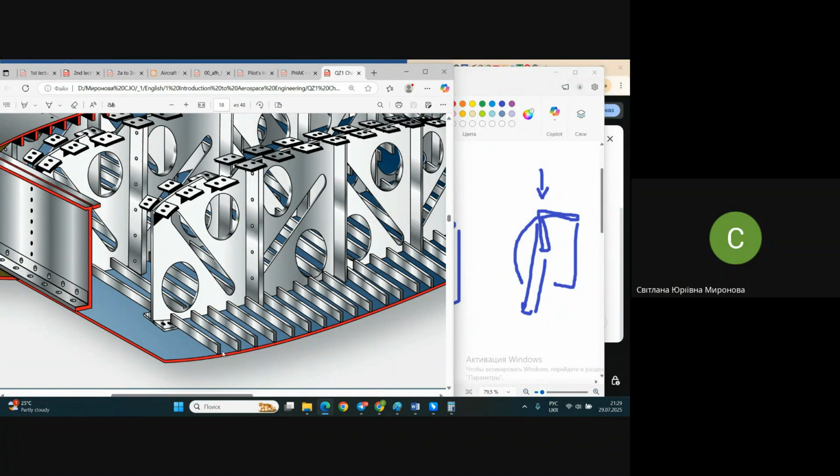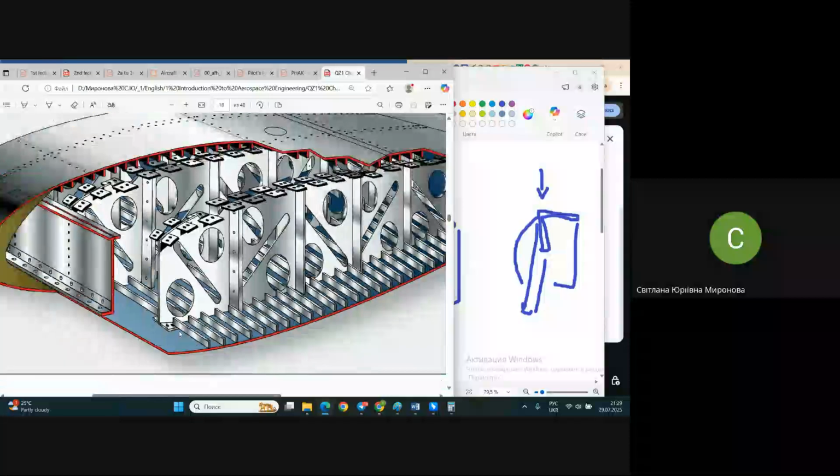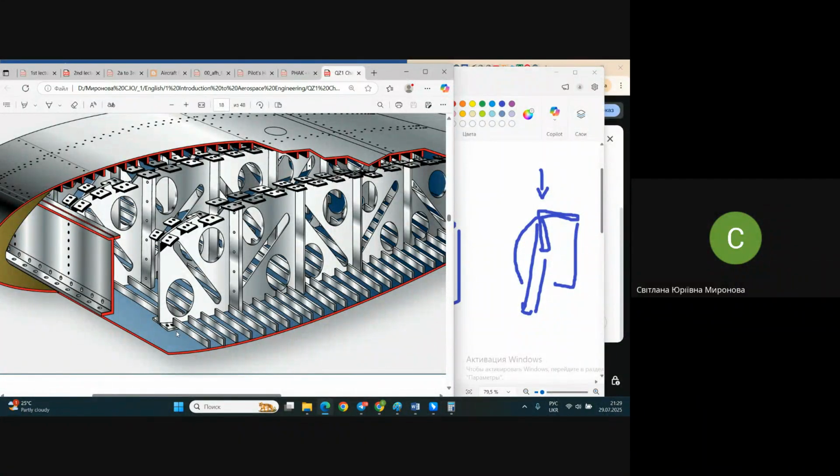A stringer comes through from the beginning to the end without any interruption. Only if there is something like a bulkhead in the fuselage, there are maybe some wing elements, like a rib at the beginning of the fuel tank and at the end of the fuel tank.